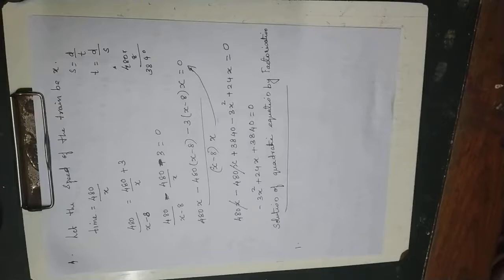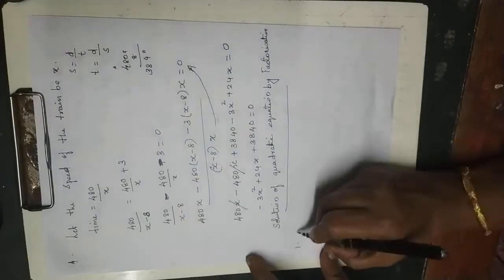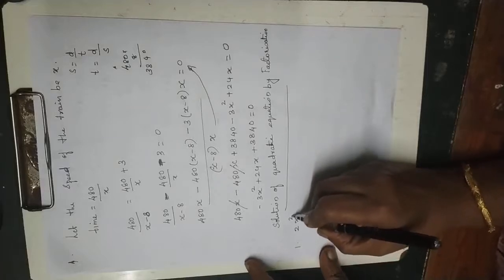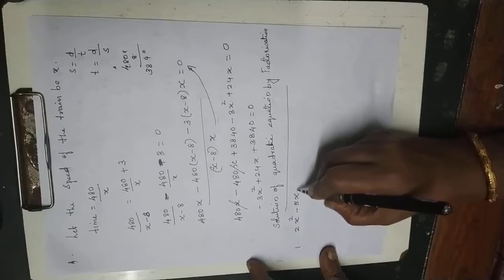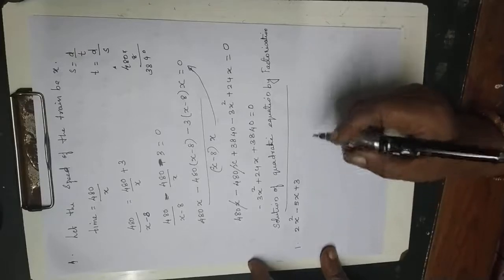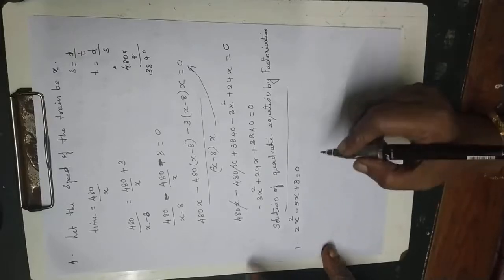So here, look at example 3. Find the roots of the equation 2x square minus 5x plus 3 equal to 0 by factorization. So the equation is 2x square minus 5x plus 3 equal to 0.